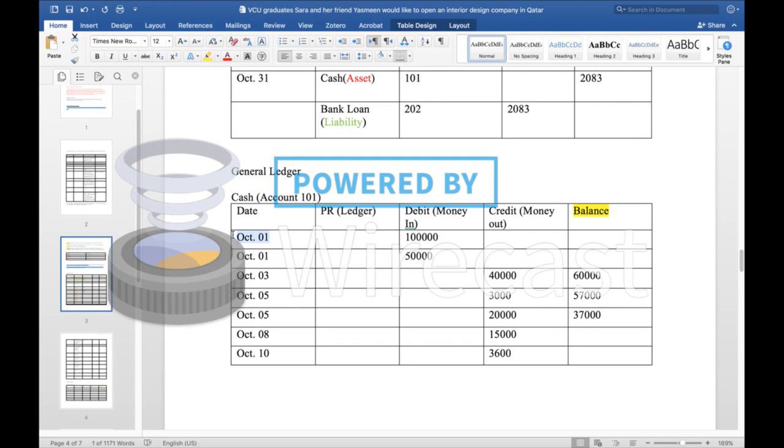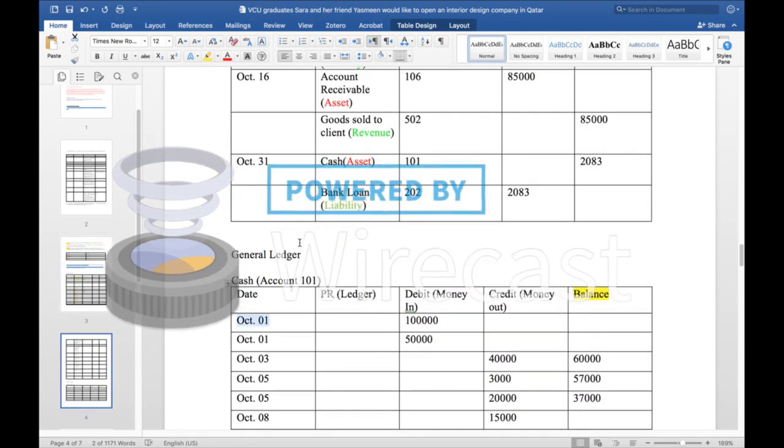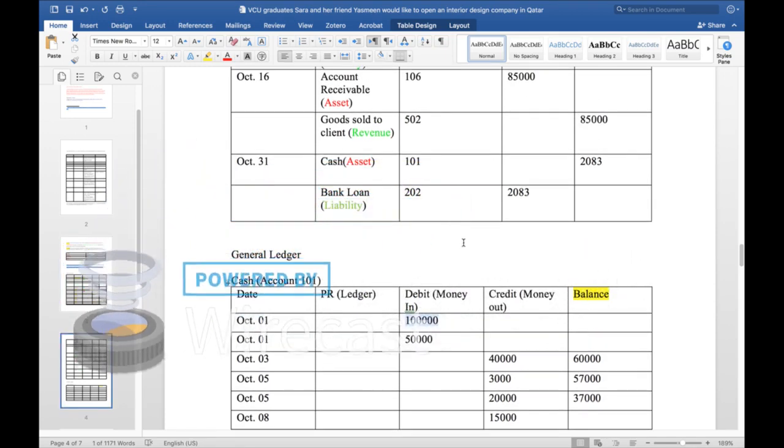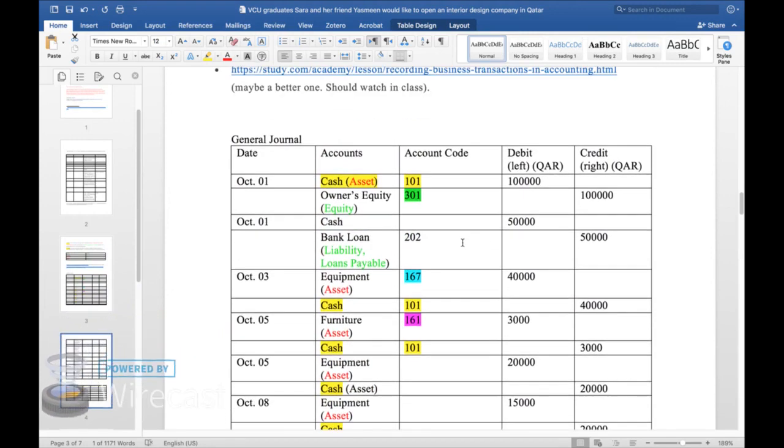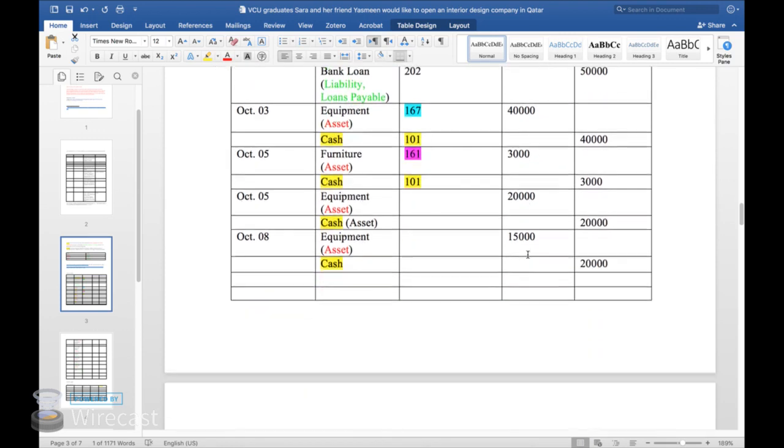If we combine all the transactions that involved cash together, we would record based on the day. October 1st, we have a debit recorded because that's our initial investment. And then we have another debit recorded as a bank loan that also comes into our business as cash.